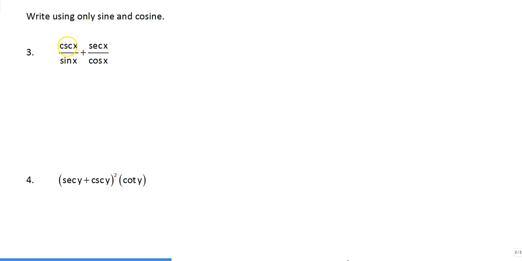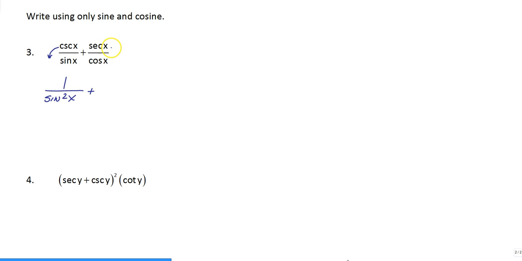We are going to remove cosecant x because we know that cosecant x is the reciprocal of sine x. So this is going to become 1 over sine squared x, because if we put cosecant in the denominator, we now have 2 sine x's, so sine x times sine x is sine squared x.